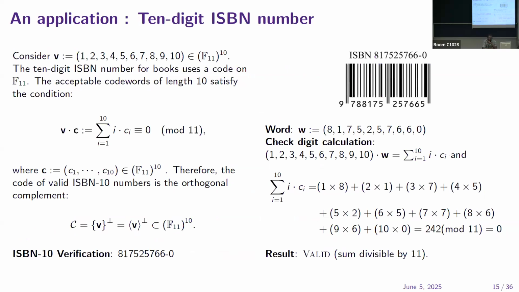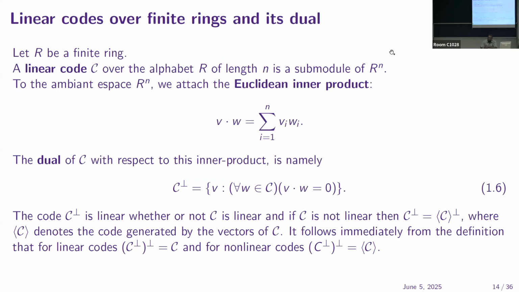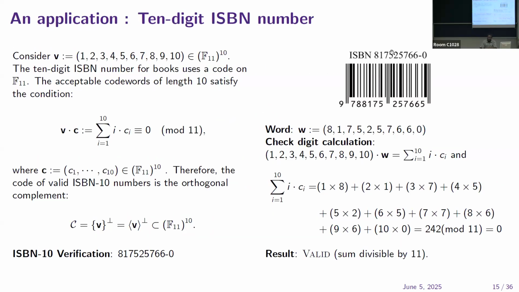Okay, an application of the dual: the 10-digit ISBN number. We see that books have a 10-digit number, called the 10-digit ISBN.